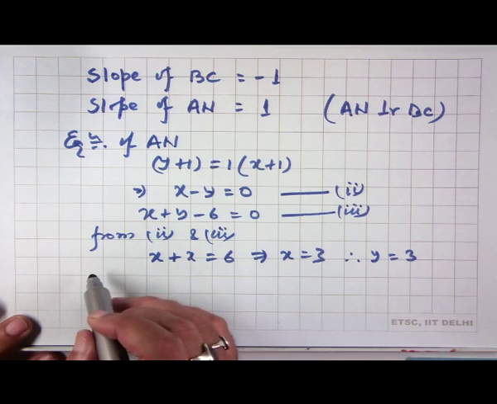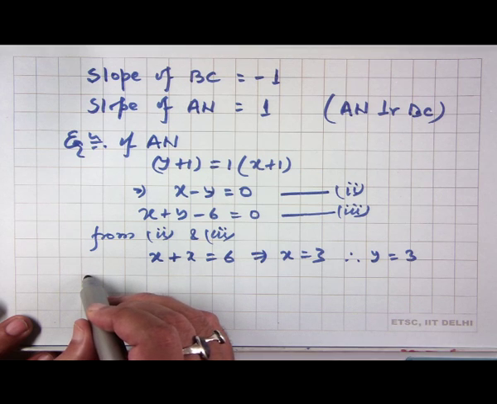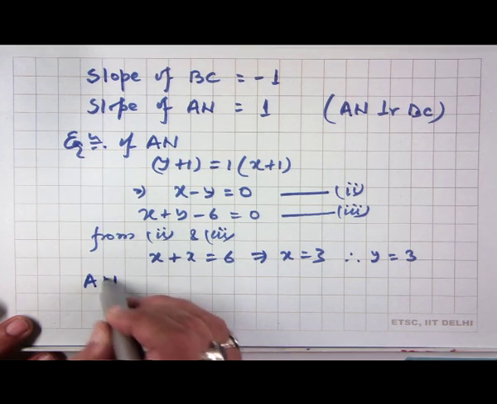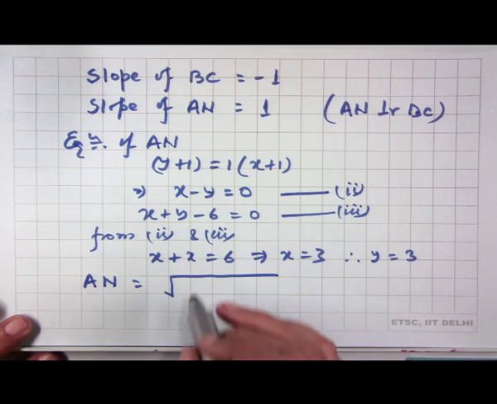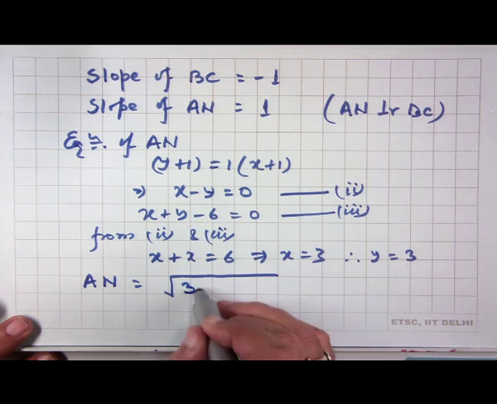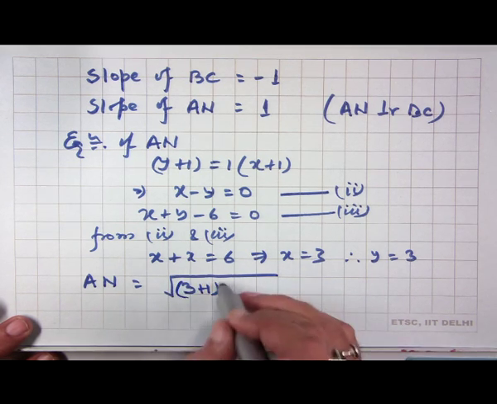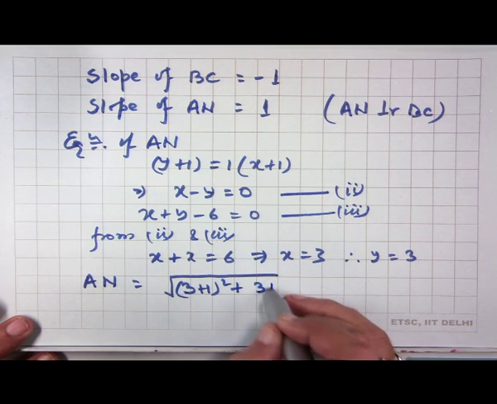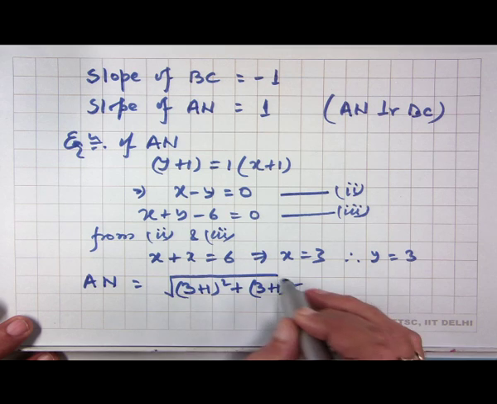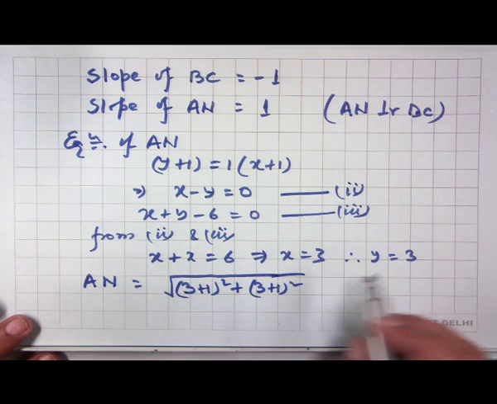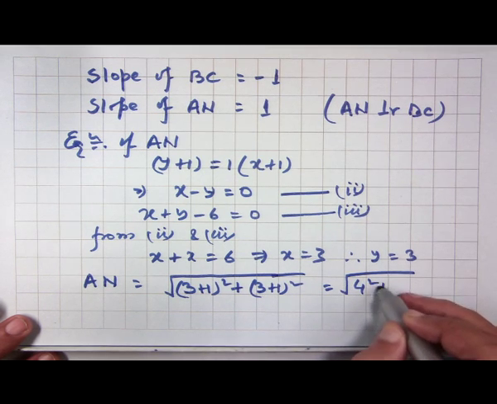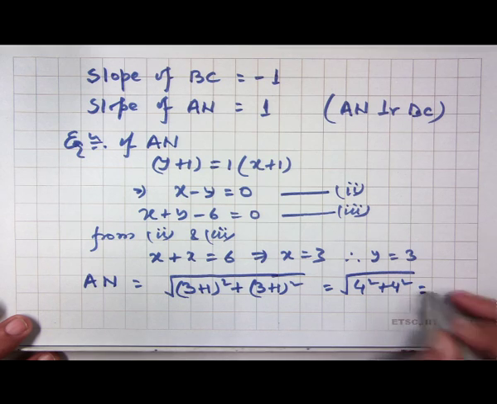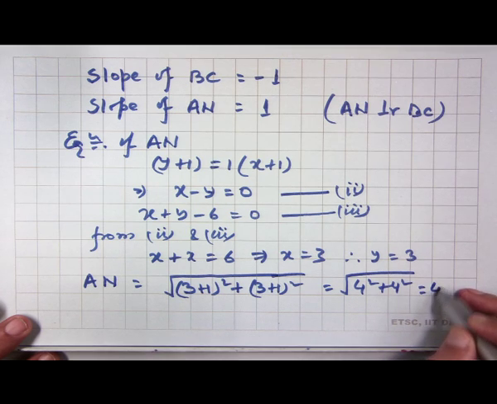So the distance between the two points, AN, is equal to the square root of (3 plus 1) whole square plus (3 plus 1) whole square, which is 4 square plus 4 square, means 4 root 2.